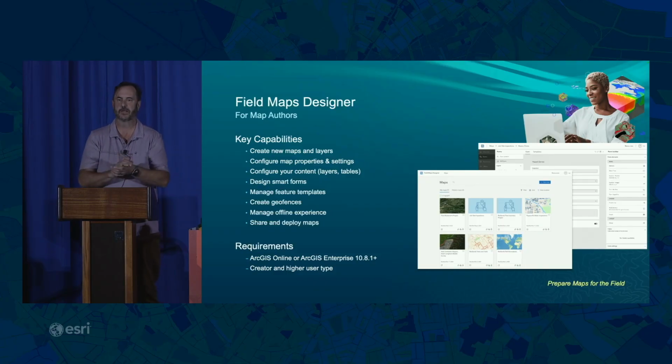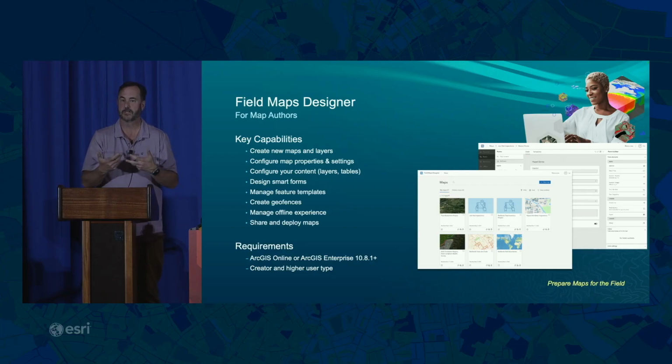With Field Maps Designer, we've been dramatically introducing new capabilities over a whole series of releases since that early November 2020 update. Like I mentioned, creating maps and layers directly inside of the designer is a possibility. Being able to configure properties of the map, properties of the app as well, so that you can centralize some of the application settings back to the map and the mobile user doesn't need to do them.